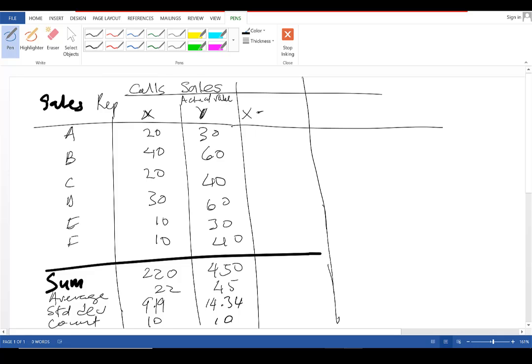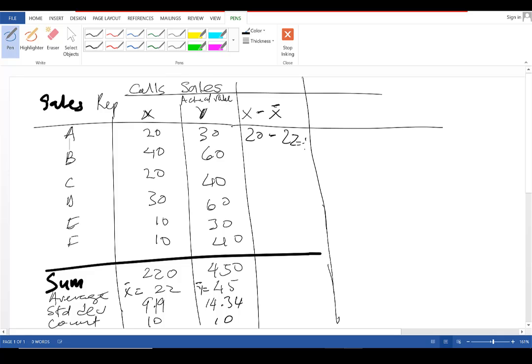And over here, x minus x bar, we call this the average, in this case x bar, and right here in this case y bar. So you take this 20 minus the 22, you end up with -2.